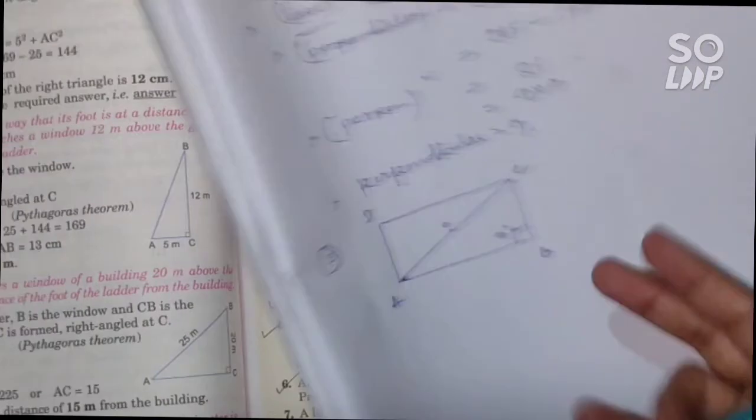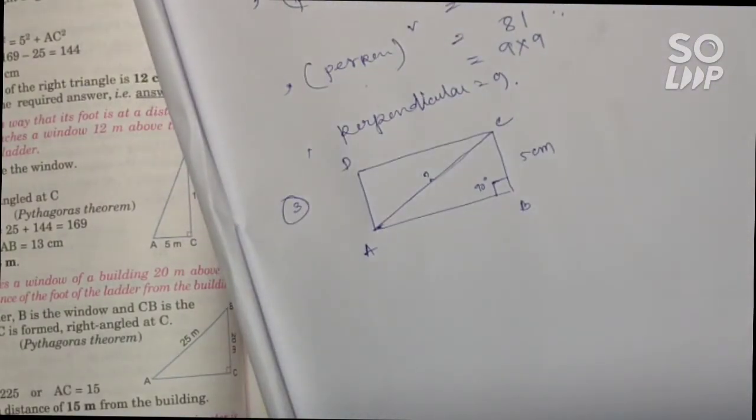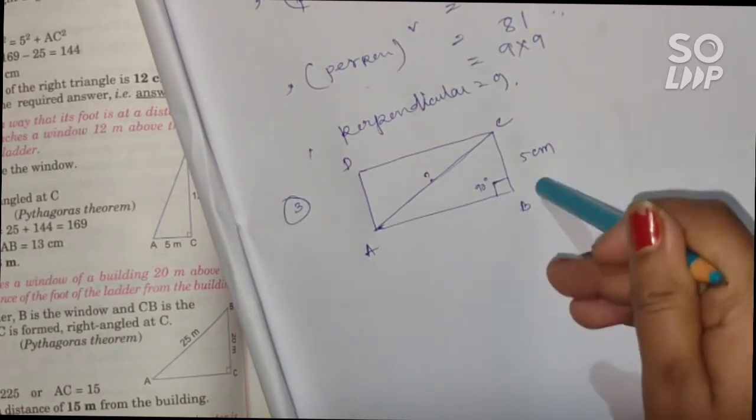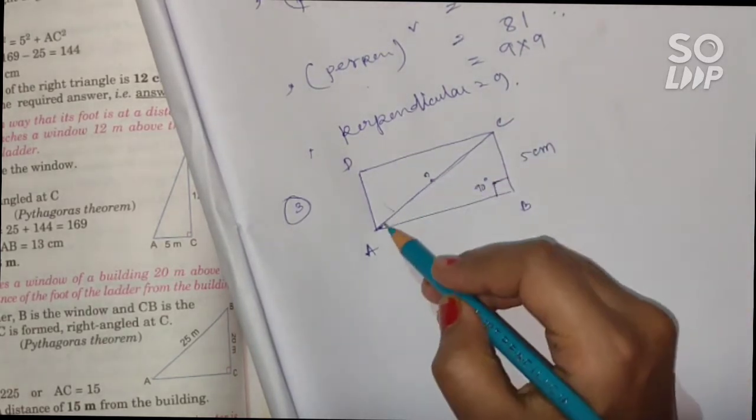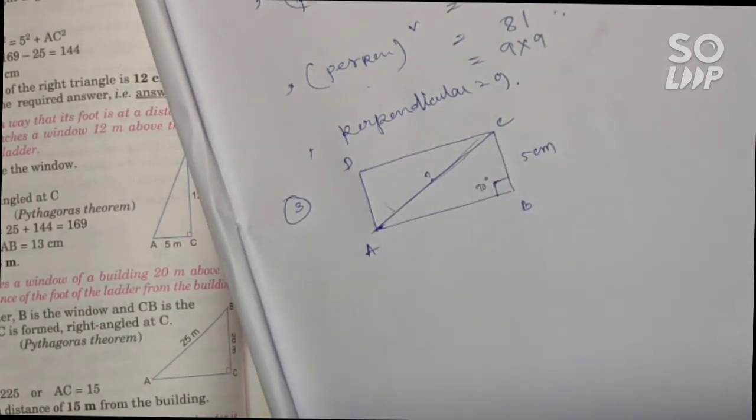Breadth is 5 centimeter and perimeter is 34 centimeter. So how can you find this? Can you understand anything? You have to find this length. That is, this is the diagonal of this rectangle. So how can you find this?